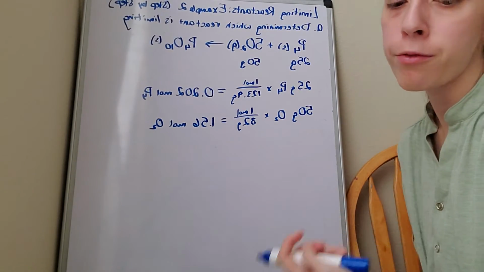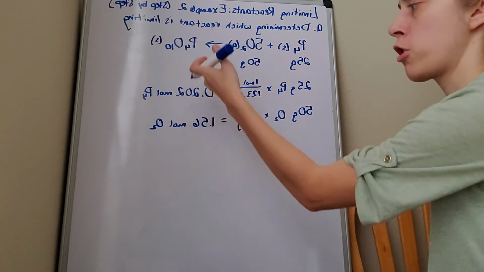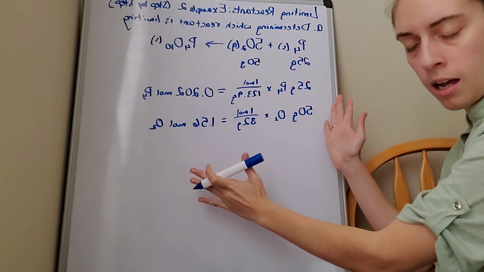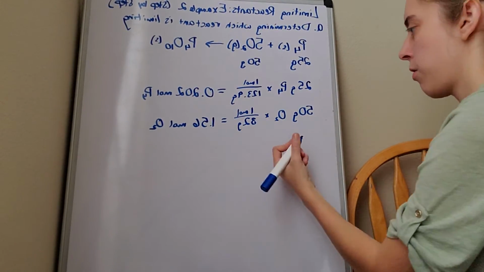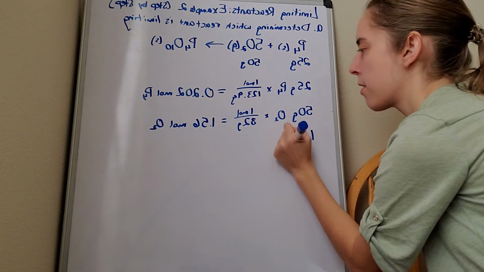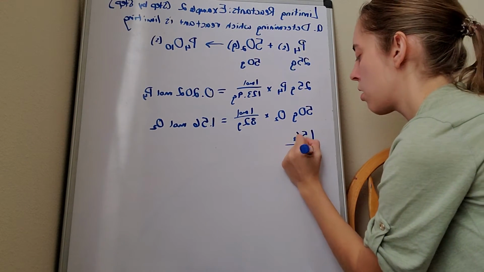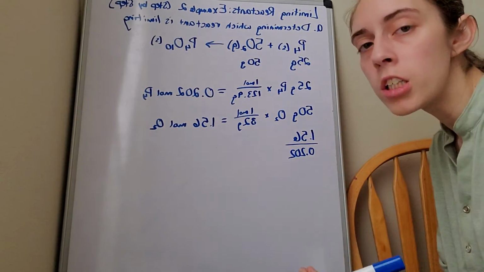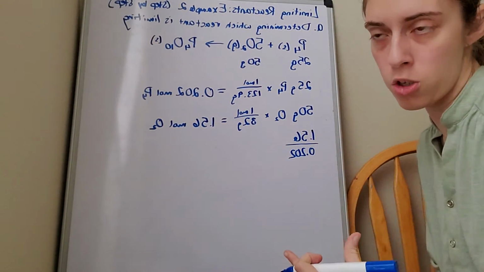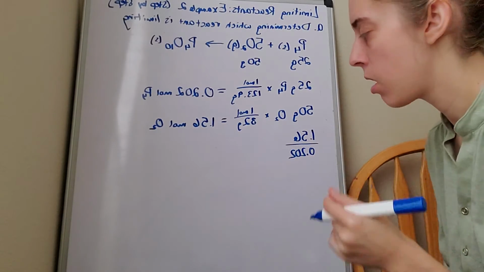So first of all, let's calculate our ratio of actual available reactants, okay? So our ratio of oxygen to phosphorus is 1.56 to 0.202. Now, again, this is a terrible ratio. Ratios need 1s in them. So we're going to divide both of the numbers by the smaller number.